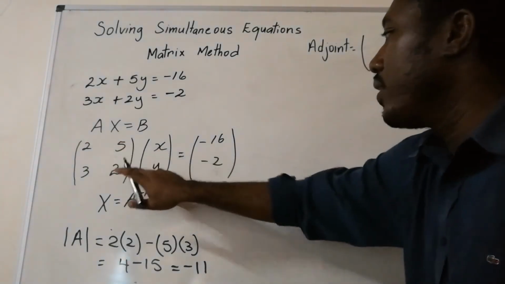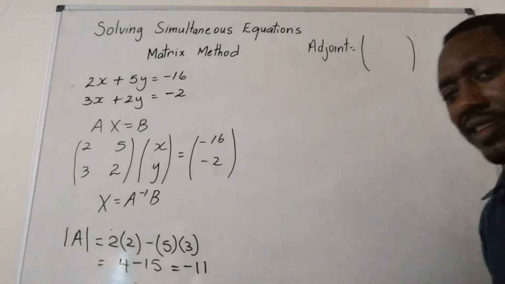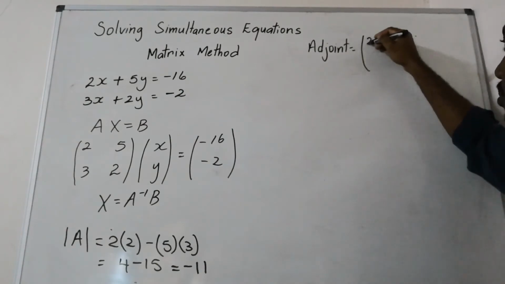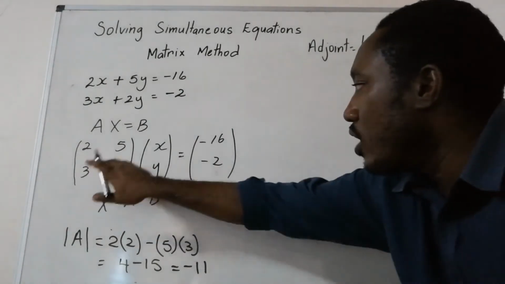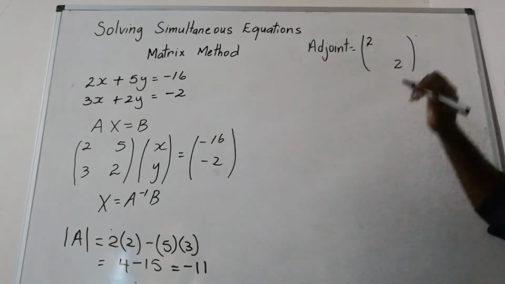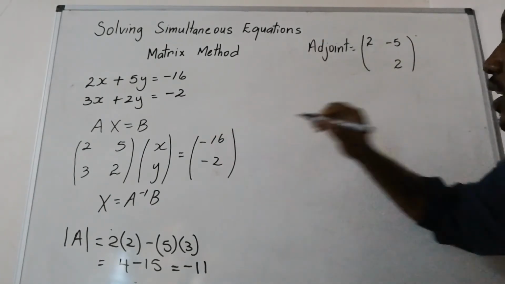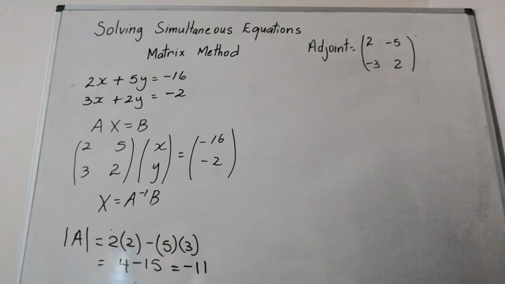Because we have 2 there and 2 there, it means that switching it, we'll still have the same 2 and 2 in the same position. So, no trouble there. Then we change our signs. We change the signs of 5 and 3. So since 5 is positive, that becomes minus 5. And since 3 is positive, that becomes minus 3.